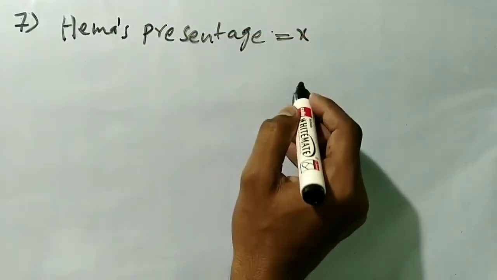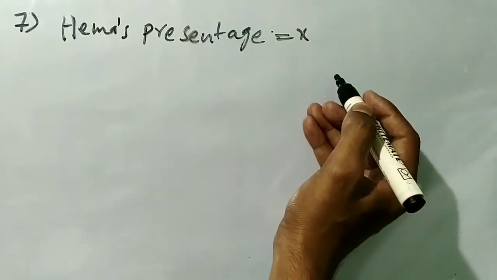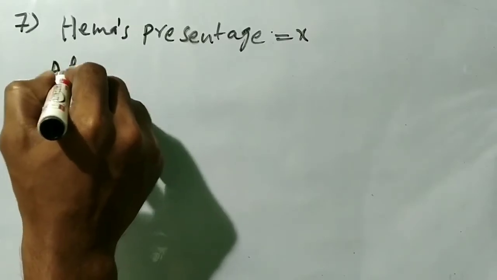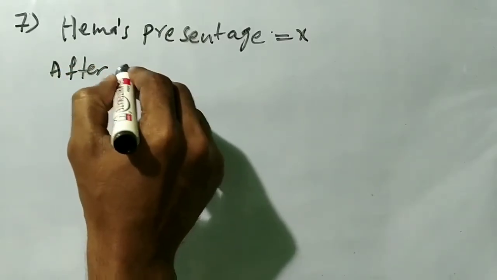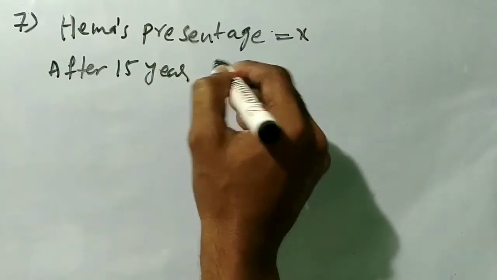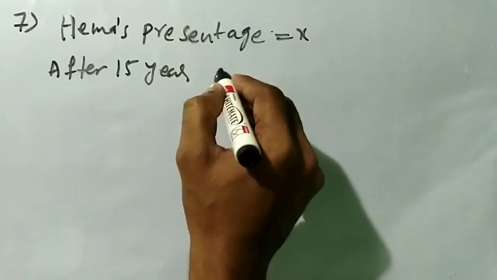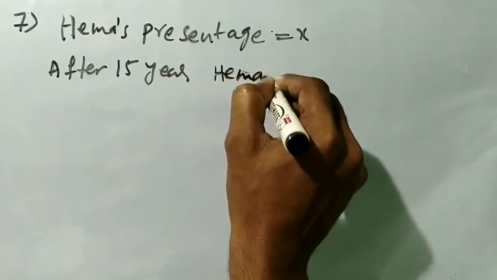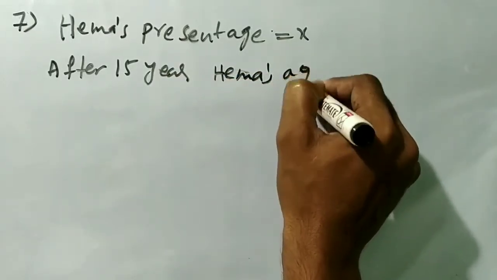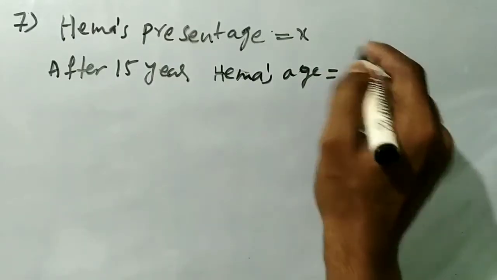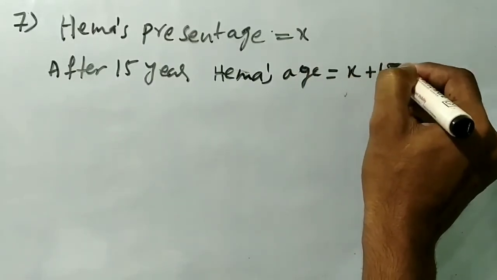Present age is x. So after 15 years, what does she become? After 15 years, Hema's age becomes x plus 15, the present age plus 15.